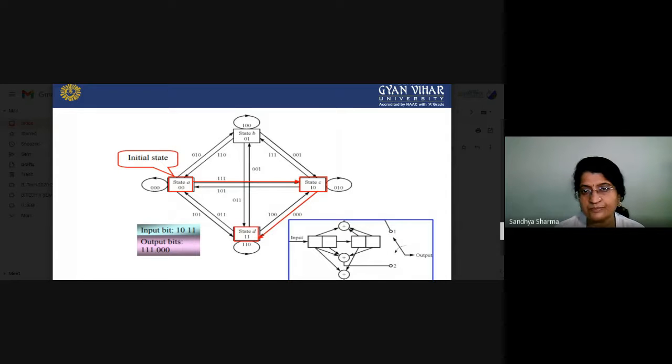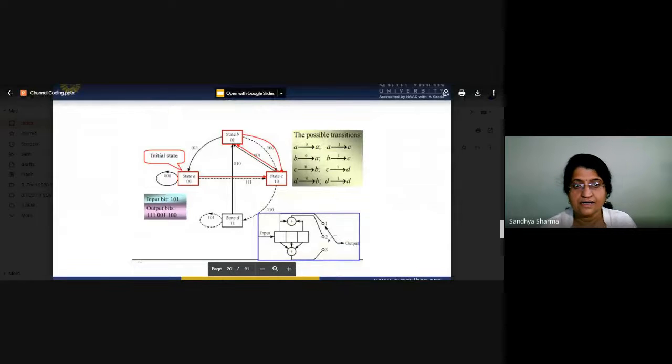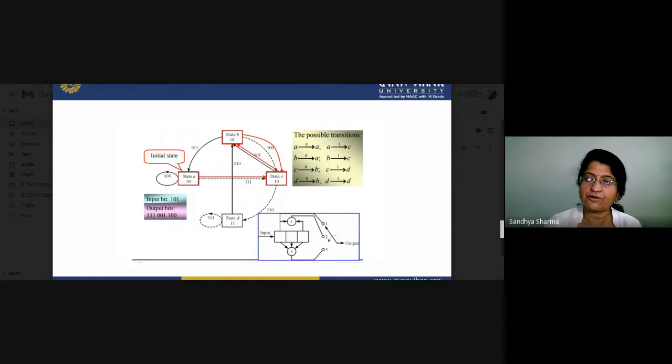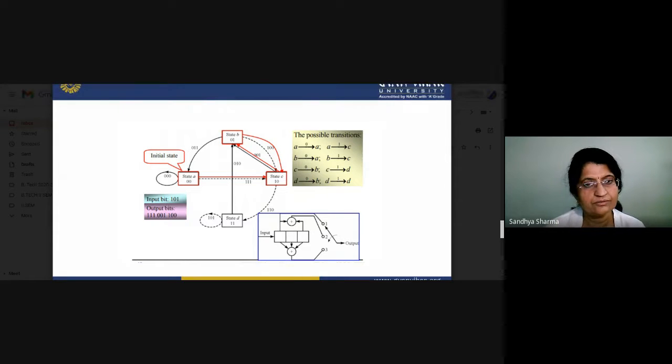You have to carefully decide the state, because initially you are in 00 and the first bit enters. According to the first bit, there will be two options: you have a group of outputs, and you have a state. So when the first bit enters, you calculate G1, G2, G3, or G1 and G2, whatever outputs you take from your encoder, and that decides the state where this graph or flow will go.